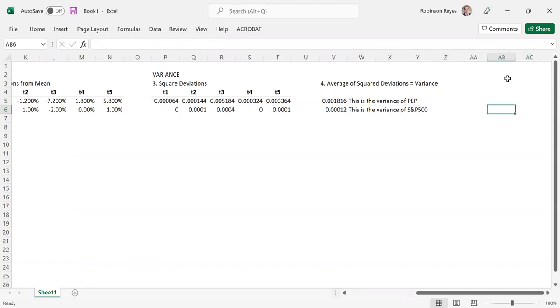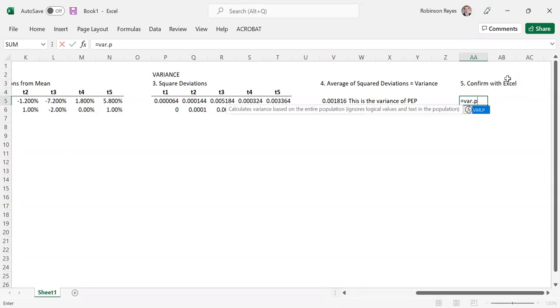Now just to illustrate this, let's confirm with Excel. You can directly jump and use the Excel command, which allows you to calculate the variance of a distribution of returns. So this is VAR.P.